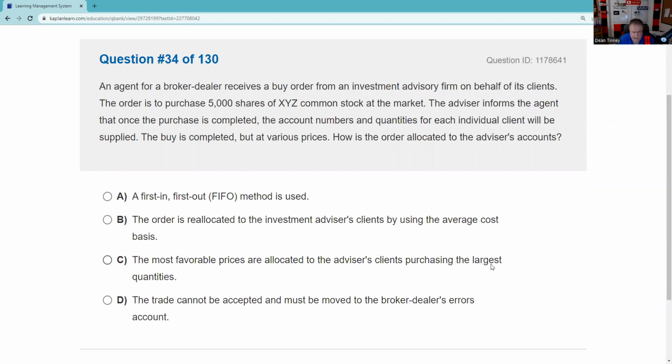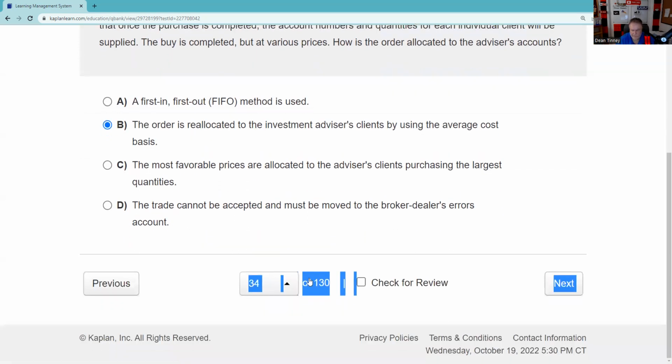The order is allocated to the investment advisor's account by using the average cost basis. I think that's fair. That sounds pretty reasonable, right? I simply divide and figure out, that sounds good. The most favorable, no. We're not supposed to be discriminatory amongst our clients. So no, the trade cannot be accepted. No, it looks like our best choice here, fairest and most reasonable, would be to use the average cost.